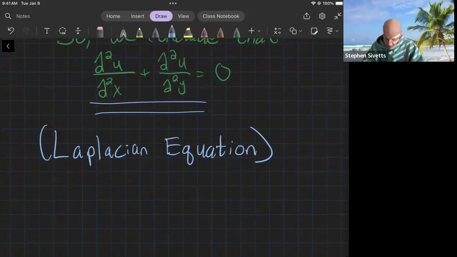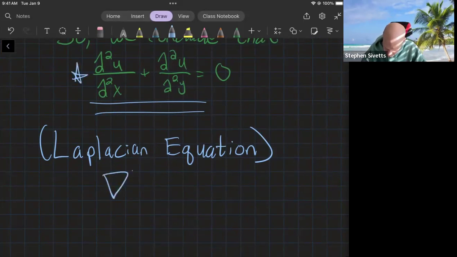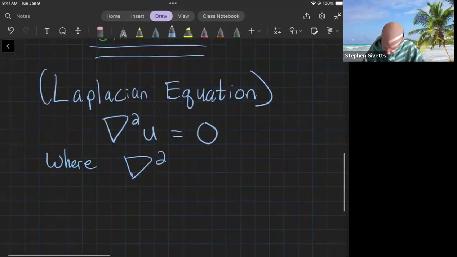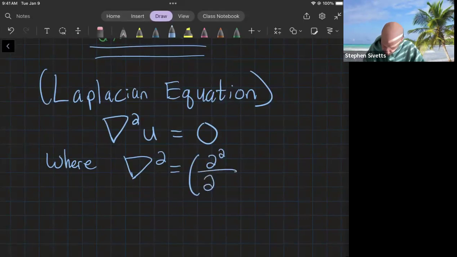And in other words, we can write out this equation like this. Del squared u is 0, where this del squared operator is equal to, by definition, this quantity. That's what it means, right?